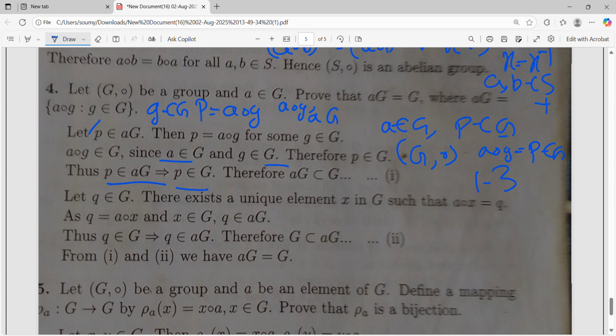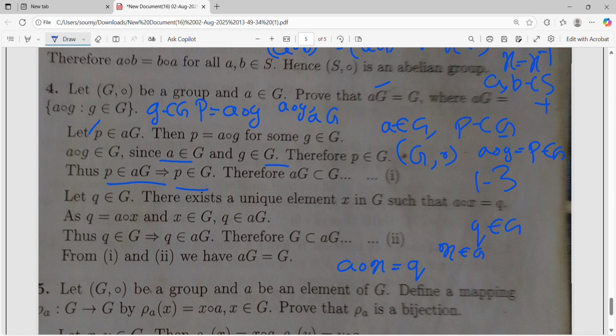Similarly, we are taking an element q belongs to G. So there will exist an element x belongs to G such that a compose x equals q, by the assumptions.